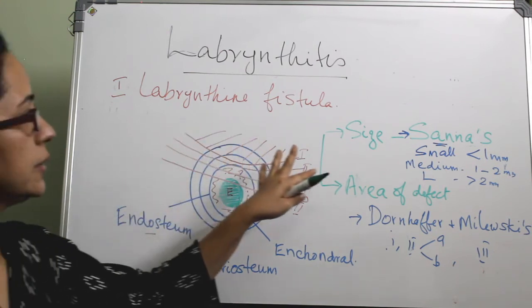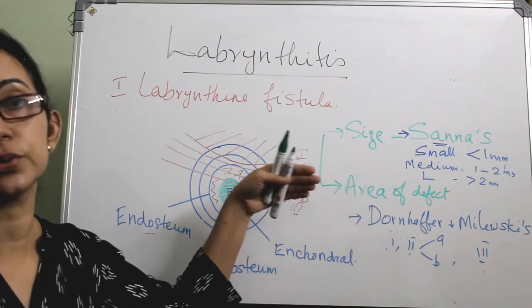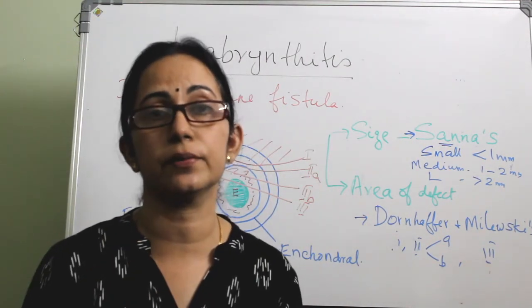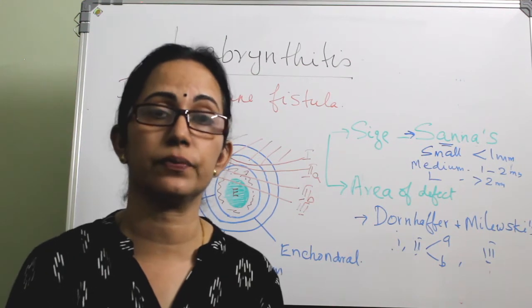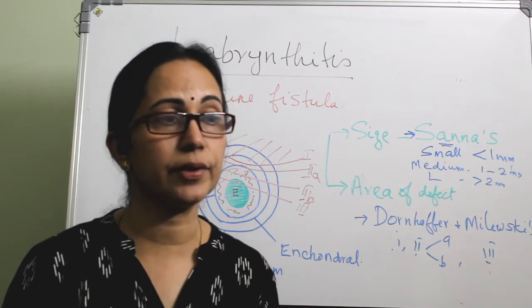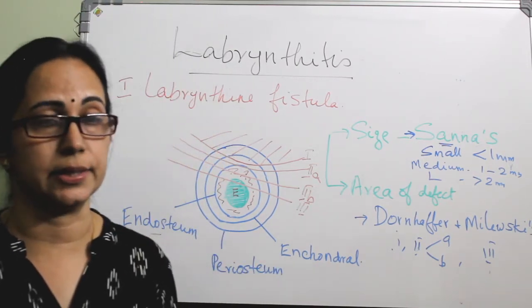So these are the types of fistula according to the size and also according to the area of defect. So we discussed the causes of labyrinthine fistula and its classification depending upon the size of defect and also the area of involvement of the lesion.